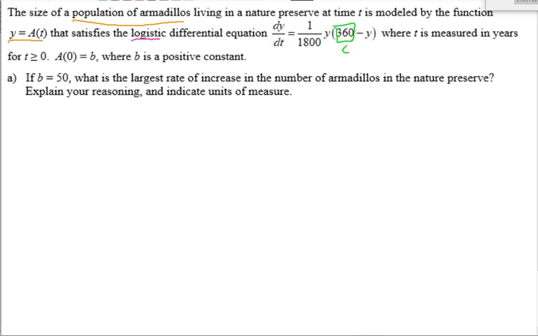And time here is measured in years. But here, notice the initial amount they're telling you is b, where b is a positive constant, because in the different parts of the problem, they change what that initial population is. In part A, it says if b equals 50, what's the largest rate of increase in the number of armadillos in the nature preserve? So it's asking for something a little bit different here.